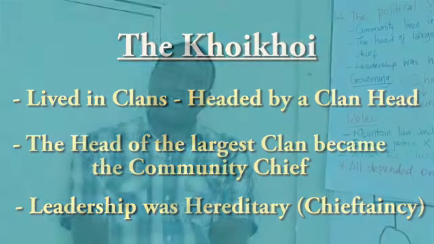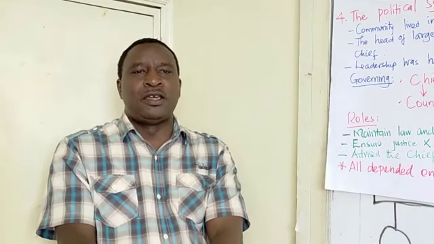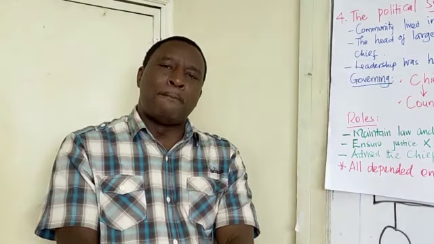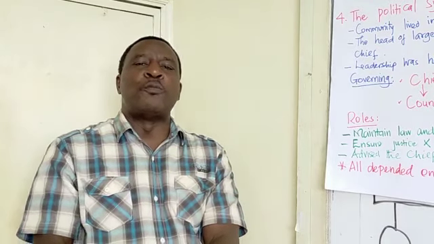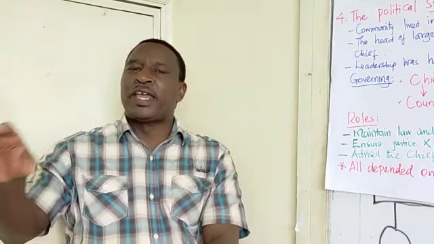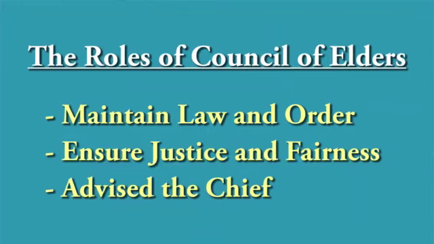The chief of the clan, of the community, was helped to govern by a council of elders, which comprised the several heads of different clans. And what was the role of the Council of Elders?